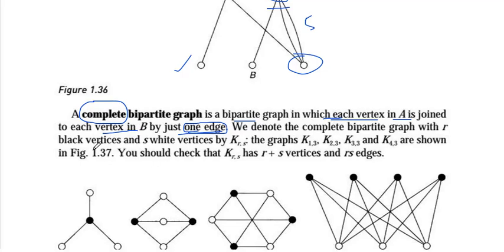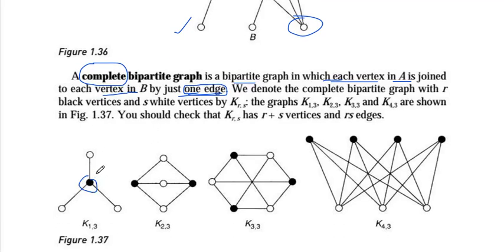It's called complete. So this is the A set and this is the B set, and each vertex is connected with only one edge to each vertex. Complete means you cannot draw any more edges.